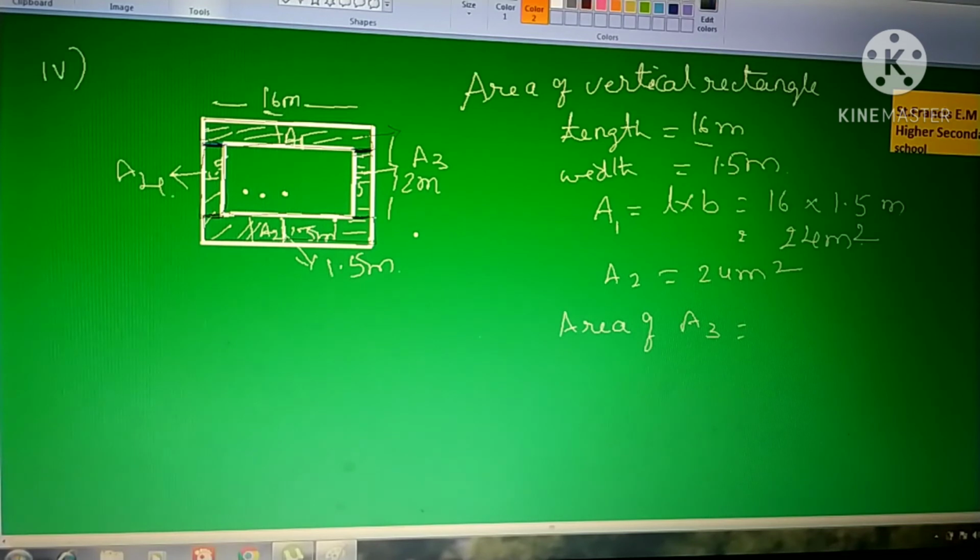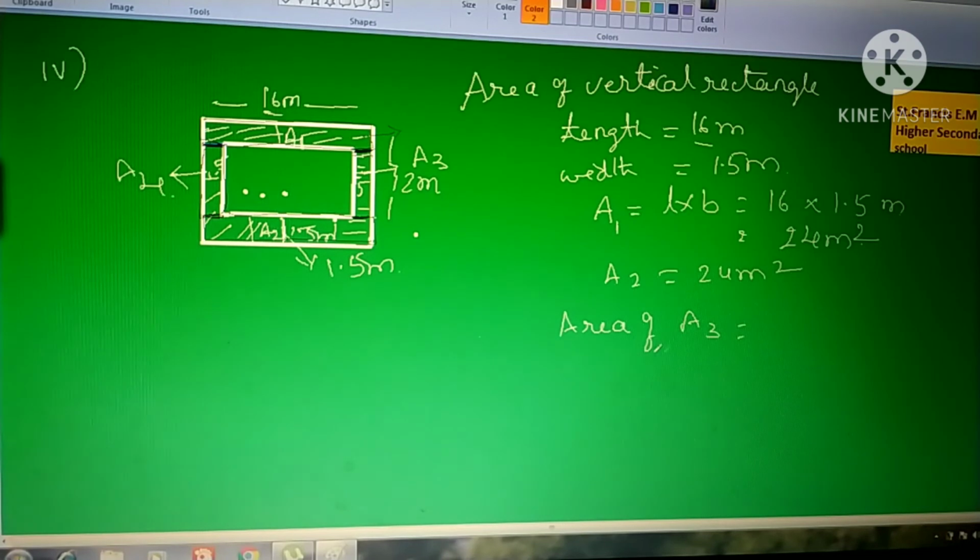I am naming the areas A1, A2, A3, A4. Okay. So A1 is equal to L into B, that is equal to, length is 16 and 1.5 is width. So multiply this one, you will get 24 meters square. And then A2 is also the same, right? Why? Because opposite sides. So this is also 24 meters square.